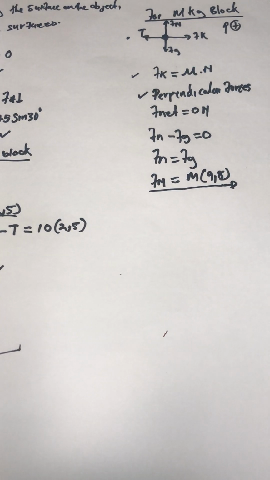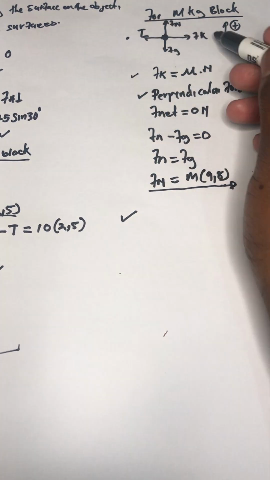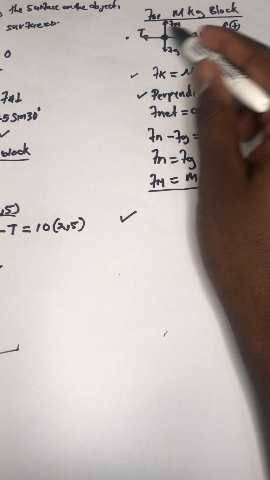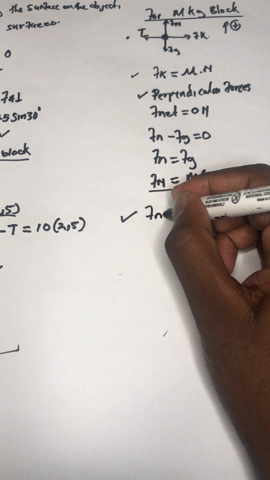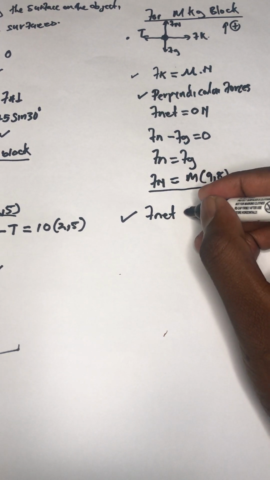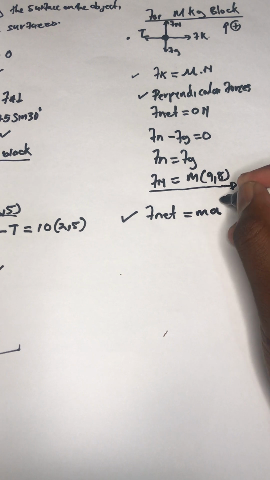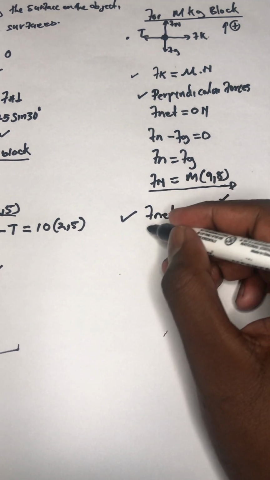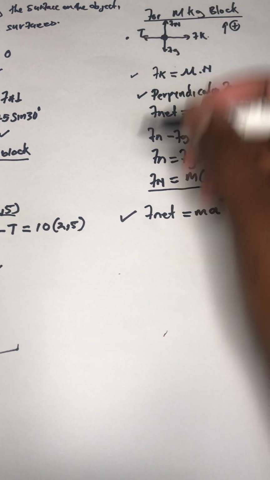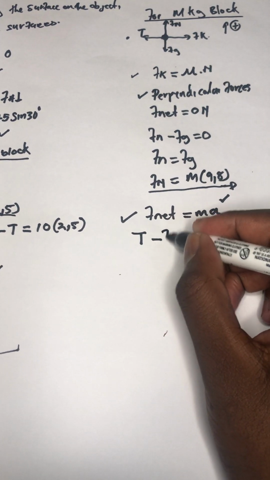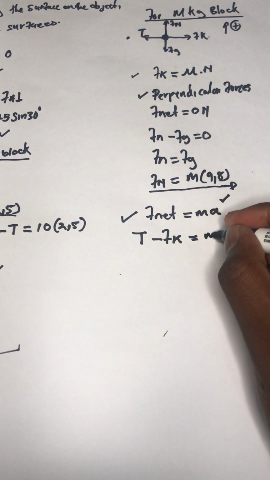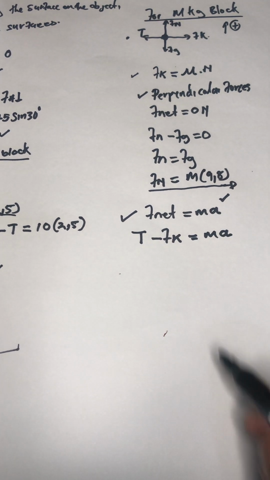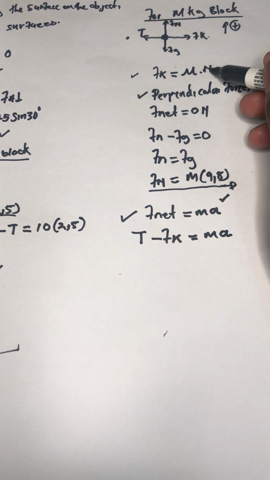Okay, so back to our equation. What do we want now? We want to calculate m. For forces acting parallel to the surface, F net is equal to MA. We know A. So F net: we have tension minus friction equals MA. Remember friction is mu times normal force.